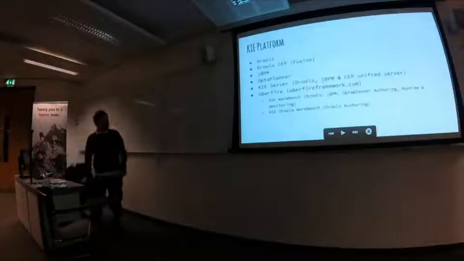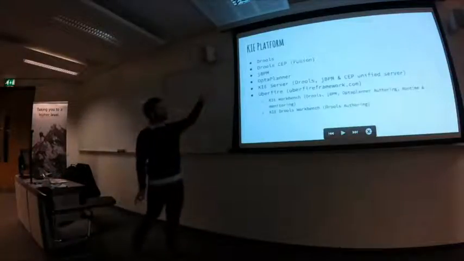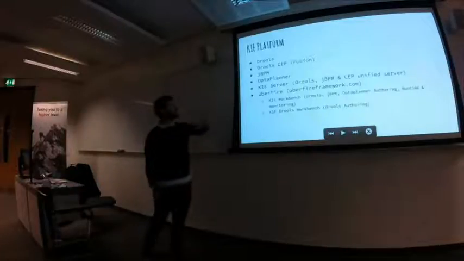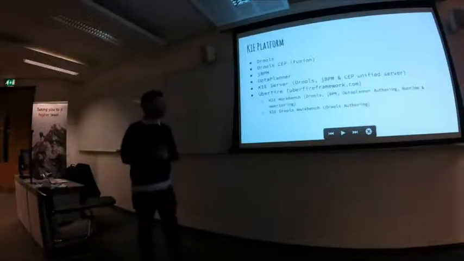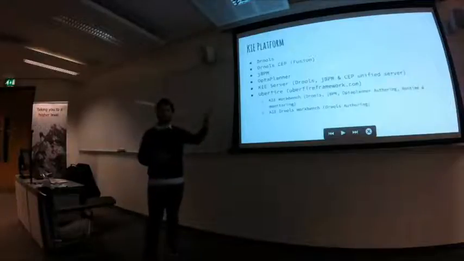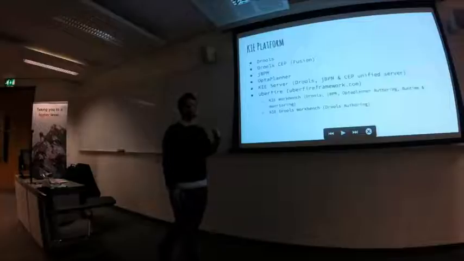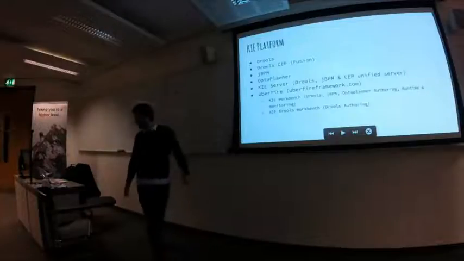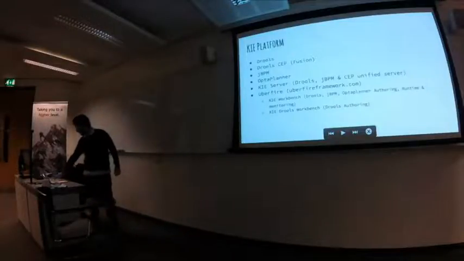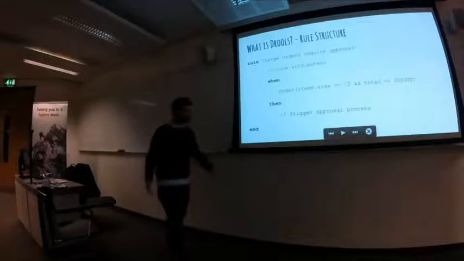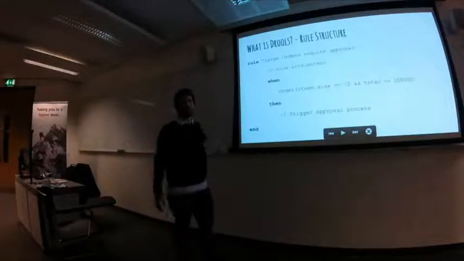Going forward, again, as I mentioned before, Drools is no longer alone. It's also in conjunction with CEP, which is complex event processing, which adds an extra dimension to our rules. With complex event processing, we can evaluate temporal events. So now, instead of having orders, we can have real-time events from a sensor, right?